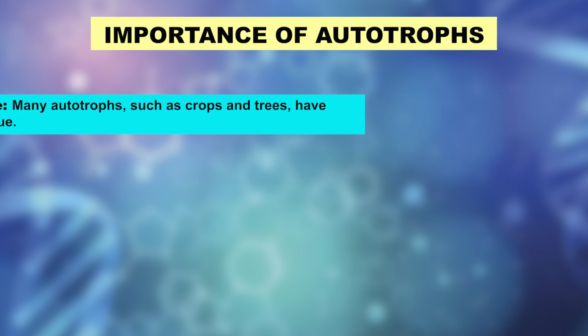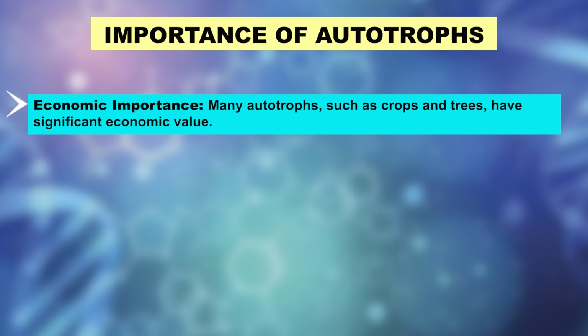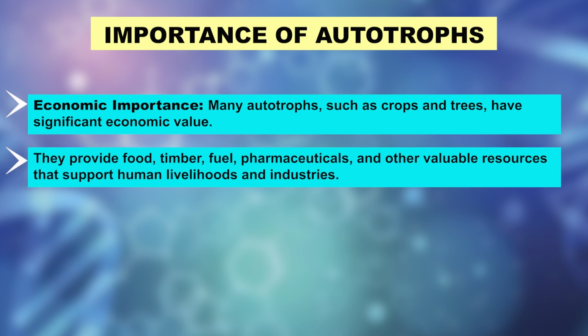The next is economic importance. Many autotrophs such as crops and trees have significant economic value. They provide food, timber, fuel, pharmaceuticals and other valuable resources that support human livelihood and industries.